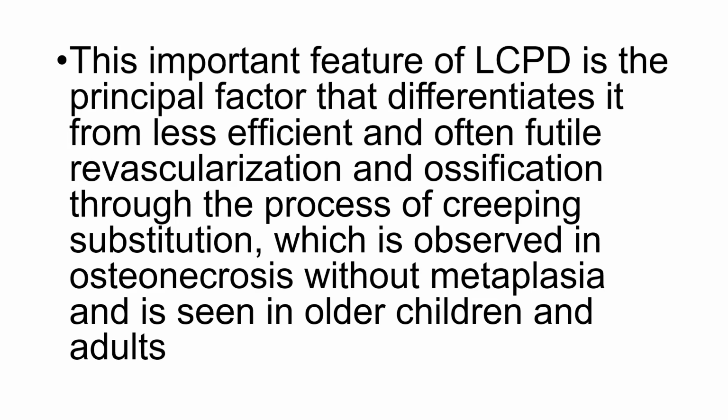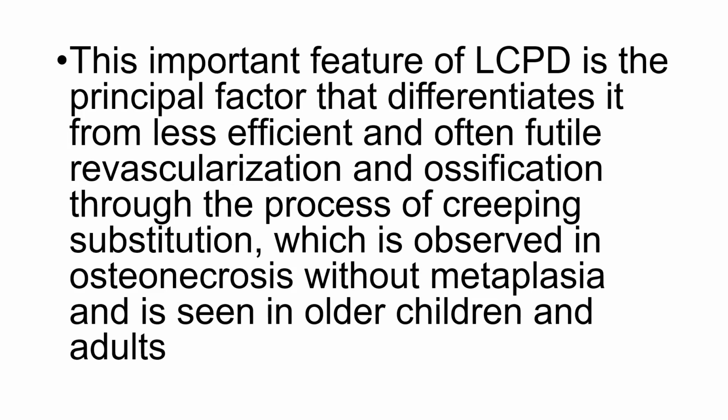In the adult, you need creeping substitution to undergo whatever reformation of the head is taking place. In children, the main supply of support comes in from the metaplasia into the area, and from whatever process of new bone formation.